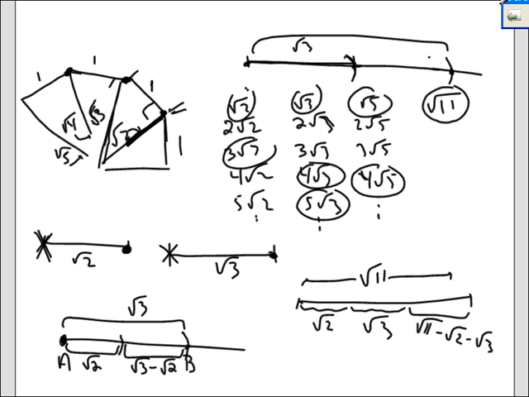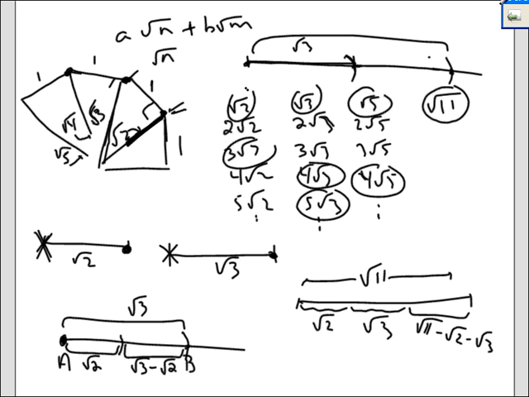In fact, I almost want to say I can draw any irrational number. Well, maybe not. But basically, if n and m are integers, and a and b are integers, I can draw that length.